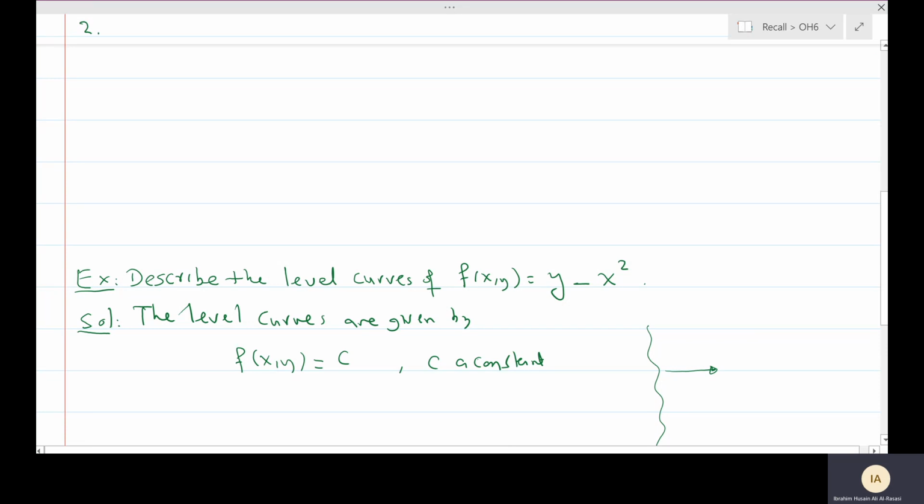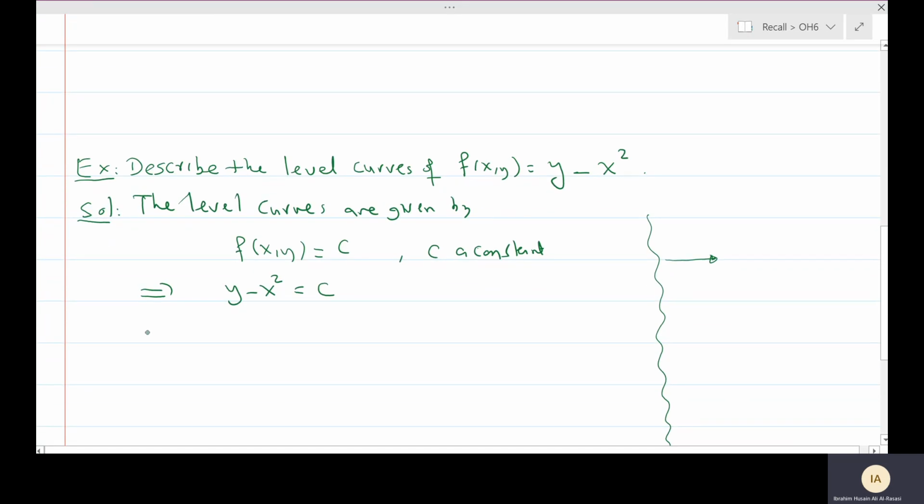So this implies, what is f? It is y minus x squared equals c, and hence y equals x squared plus c. So the level curves are the curves given by this equation. What are these? These are parabolas.